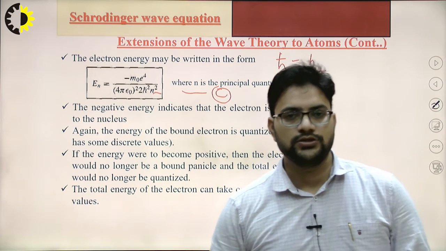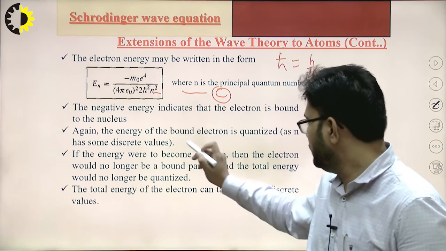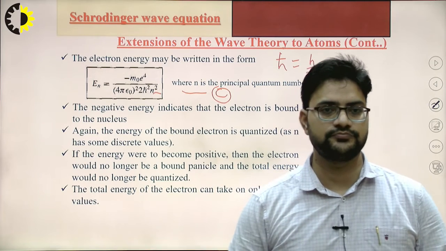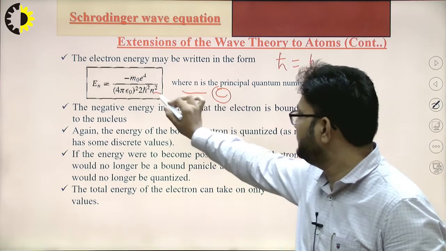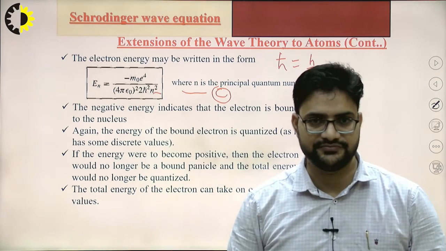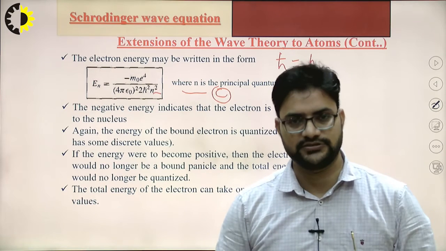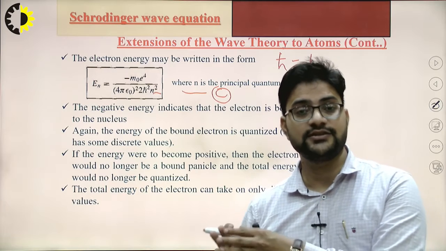So what we can postulate from this: the energy of the bound electron is quantized, as this n value is having discrete values. It is not having continuous values. If n has discrete values, it means that energy is quantized.